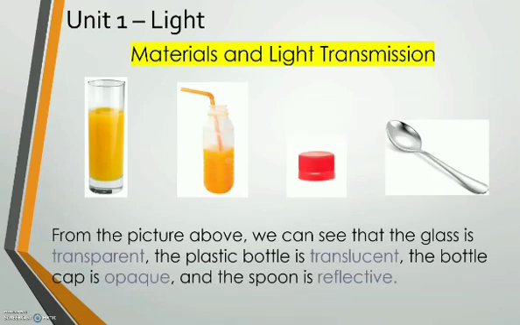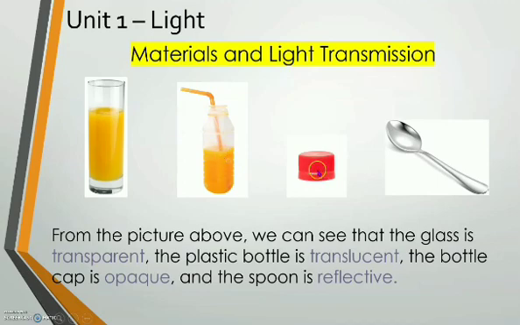Just a further review. From the picture above, we can see that this glass is a transparent material. You can see through; the light goes through. We can see from this plastic bottle, it is translucent because you cannot see clearly inside, because some of the light does not get through.